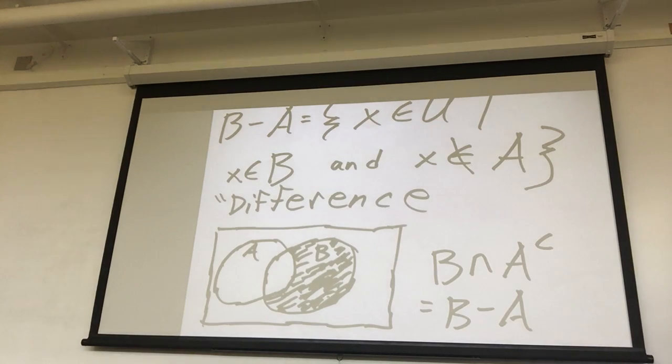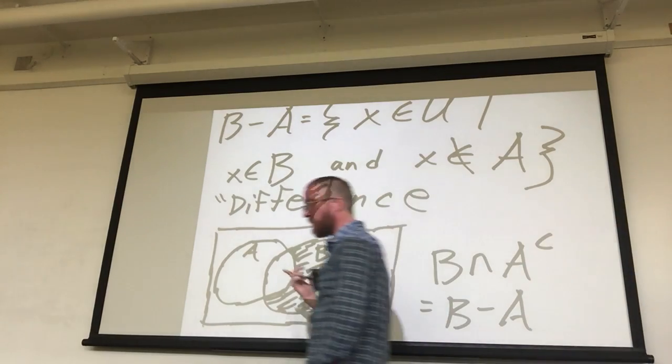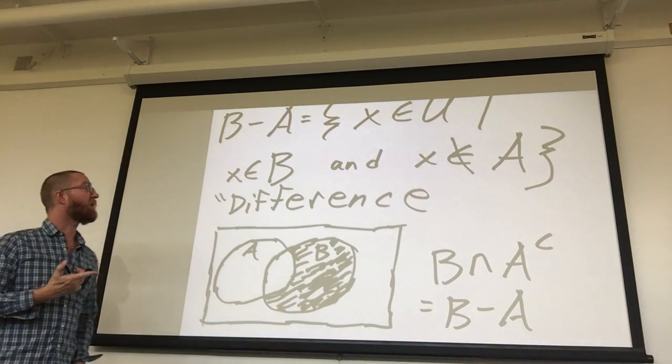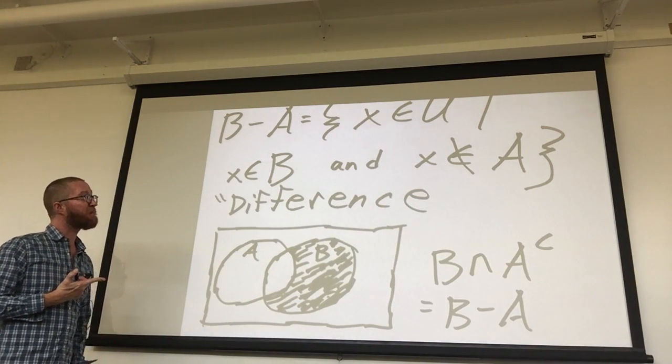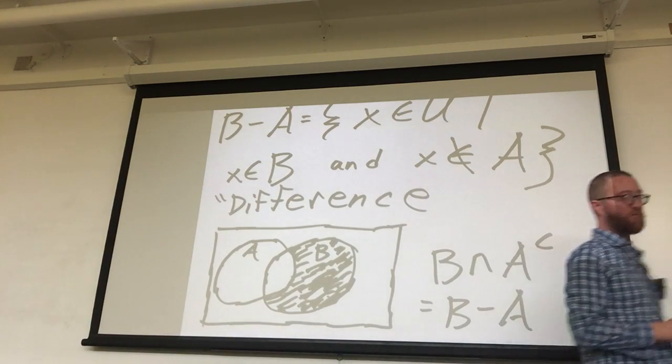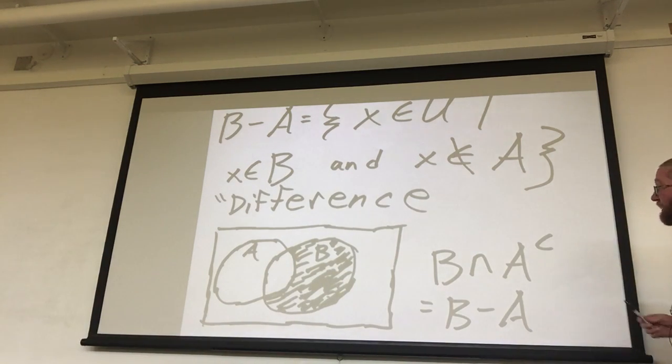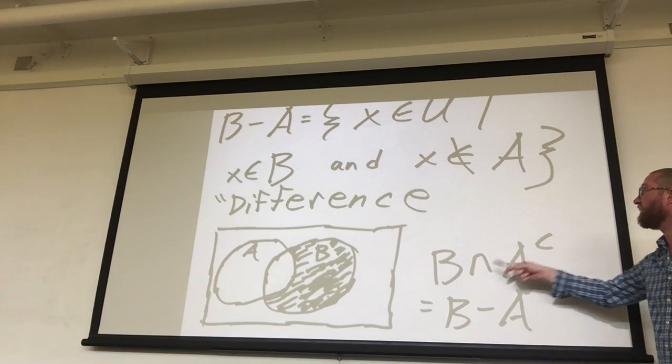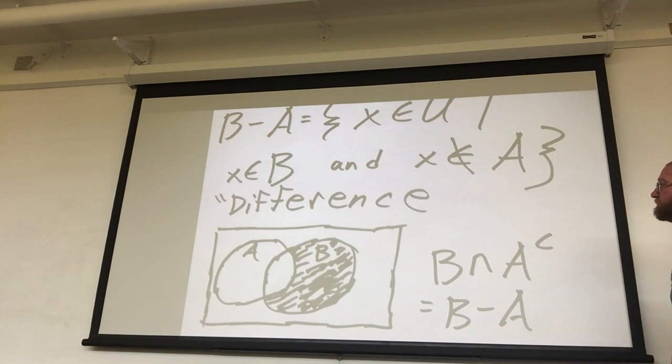And now, think about what this statement is actually saying. It's saying X is in B and X is not in A, okay? This intersection symbol right here would mean, well, yes, X is in B and X is not in A. Okay.